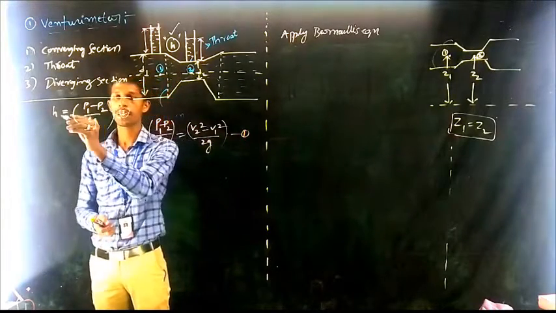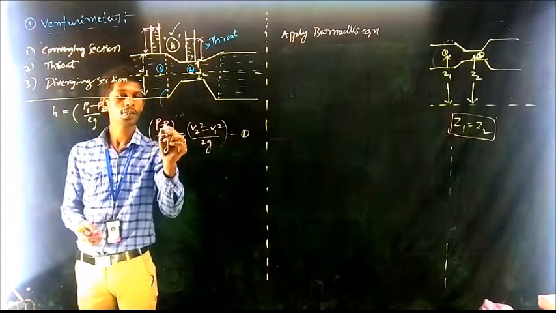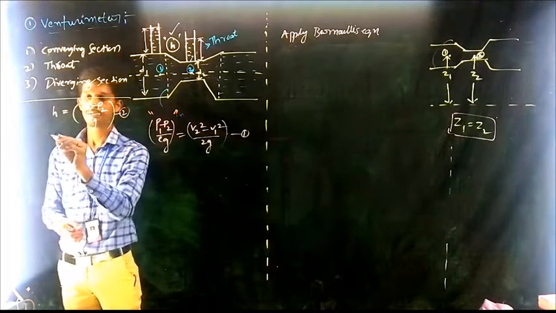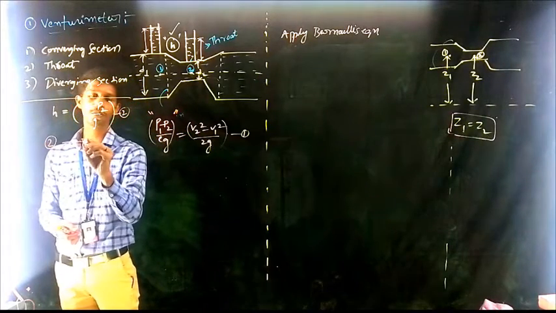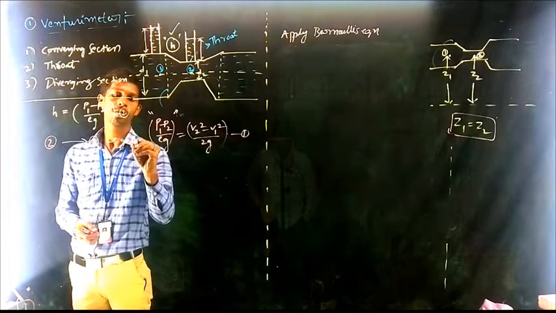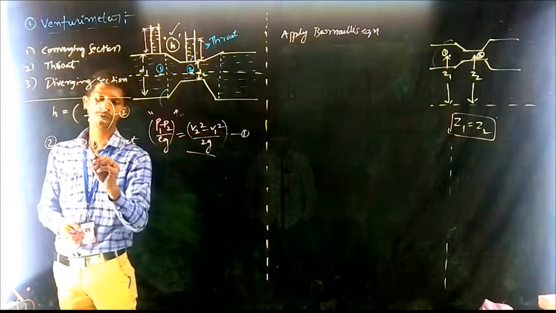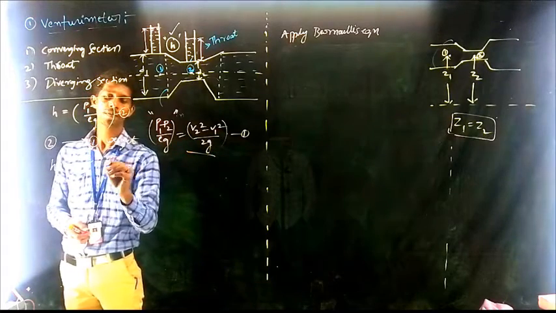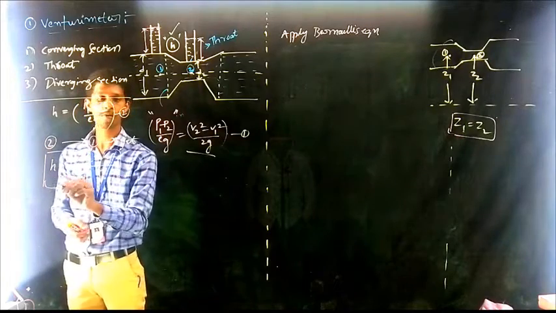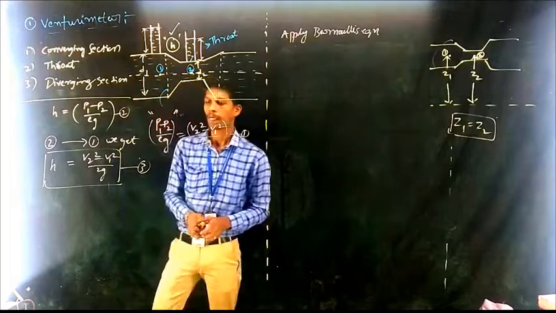Substitute the h value from 2 in 1. We get small h is equal to V2 square minus V1 square by 2g. This is another form, assume it is equation number 3.